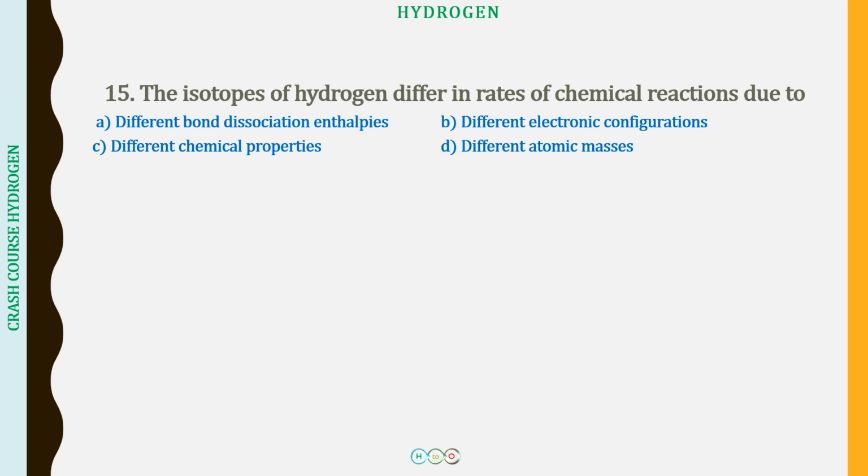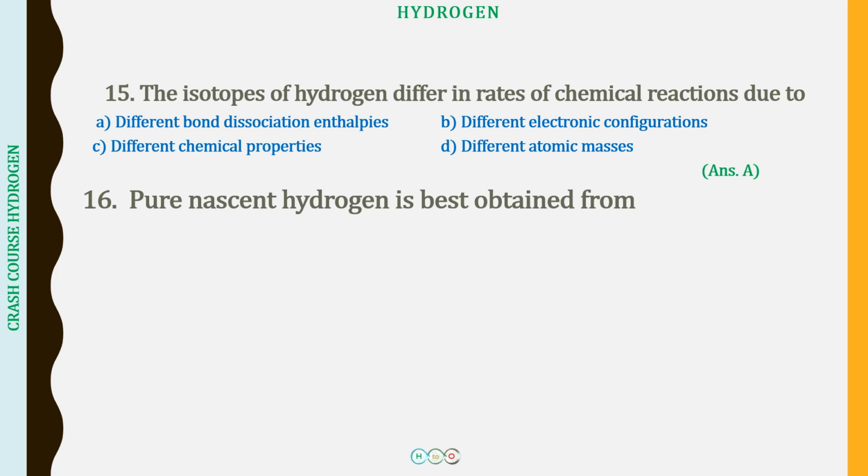It is only that the rate of the chemical reaction is going to differ because of a difference in the bond dissociation enthalpy values. Protium is going to have a lesser bond dissociation enthalpy value than deuterium, and deuterium will have it less than tritium. So the most reactive out of the three isotopes is going to be protium, with a lesser bond dissociation enthalpy value. So the correct choice is going to be A choice.